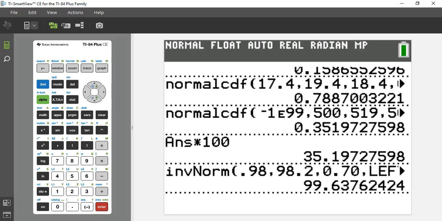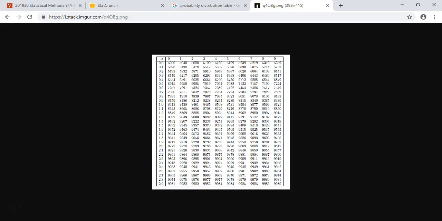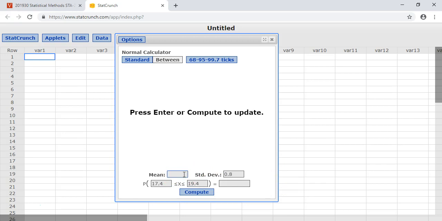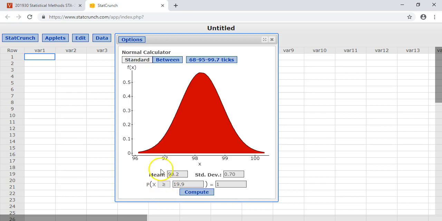If you use StatCrunch, we put in our mean, which was 98.2, and our standard deviation. This time we are in standard.